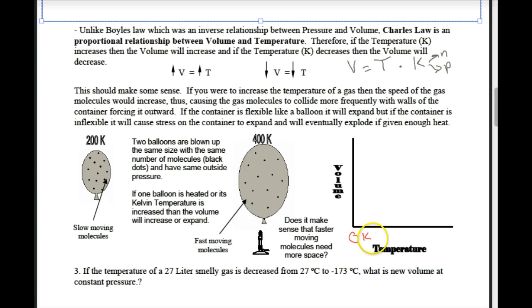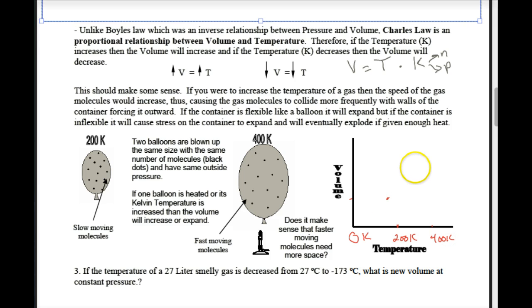And when we have 0, that means that we can create a direct proportion, so that say we were to create a situation where we had 200 Kelvin, well, then we would have our volume be at a set number, and we could plot the point of 200 and the volume. And then if we were to double it, we would have 400 Kelvin, the temperature.